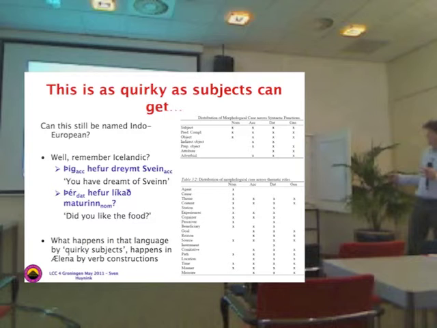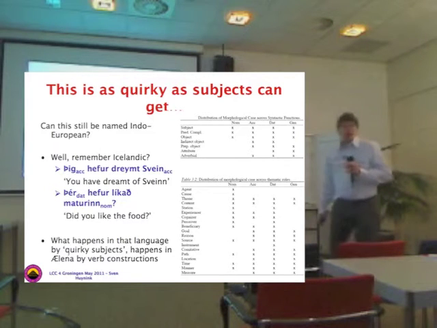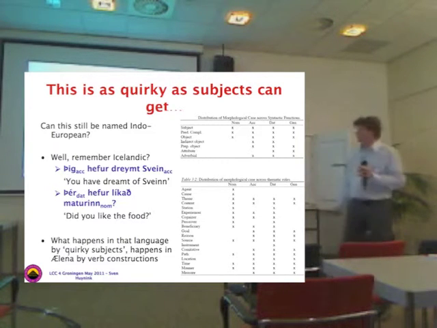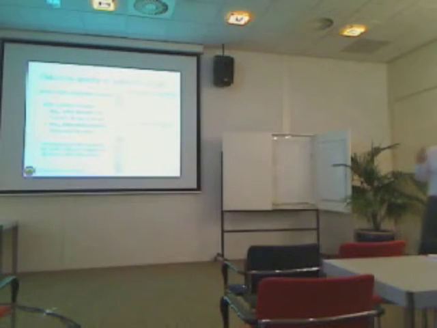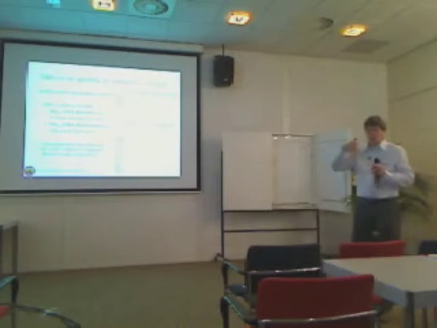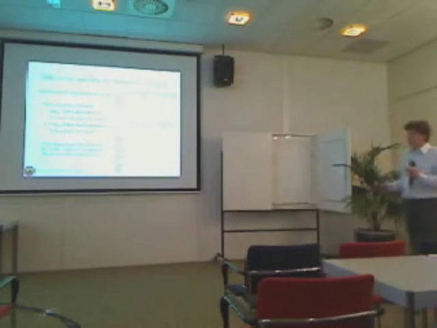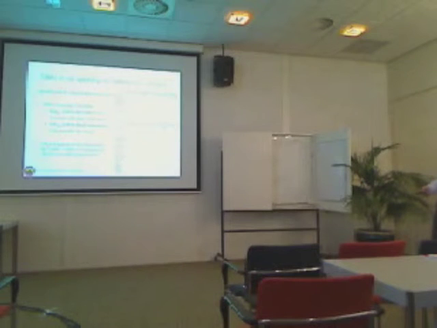A theme can be represented by a nominative, by an adjective, by a dative, or by a genitive. I didn't like that. I want to be more precise, but this is the way Icelandic does it. And what happens in that language is quirky subjects, so that's subjects other than a nominative for the subject. In my language, it happens by verb constructions.